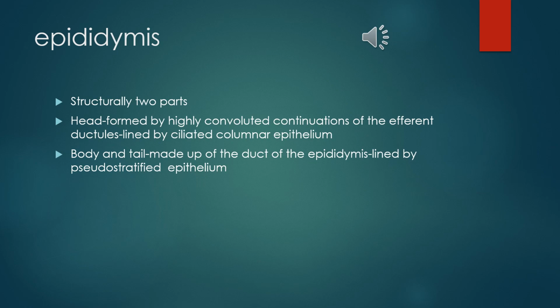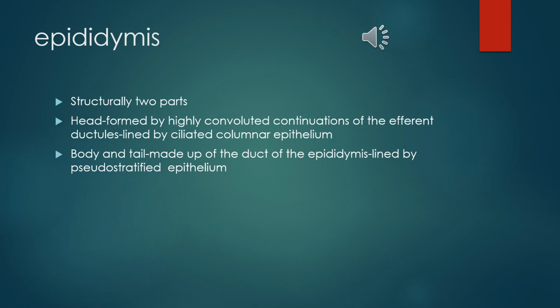Grossly, we can see that the epididymis has head, body and tail. When we look into the components forming the head, body and tail, structurally we can divide into two parts. The head is formed by the highly convoluted efferent ductules, lined by ciliated columnar epithelium.